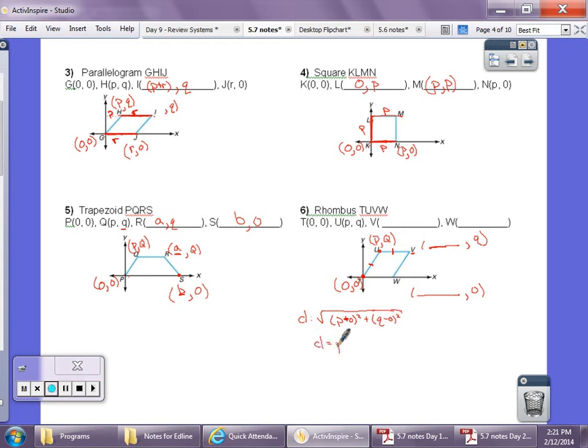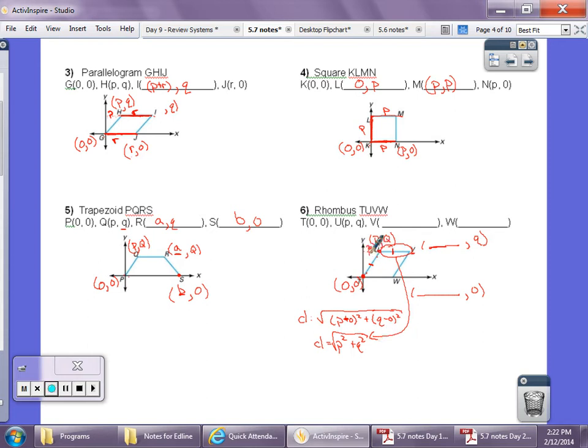So the distance equals P squared plus Q squared. So we know that the distance from T to U is P squared plus Q squared. So from U to V, it is also P squared plus Q squared, and then we also have this little distance in here of P.